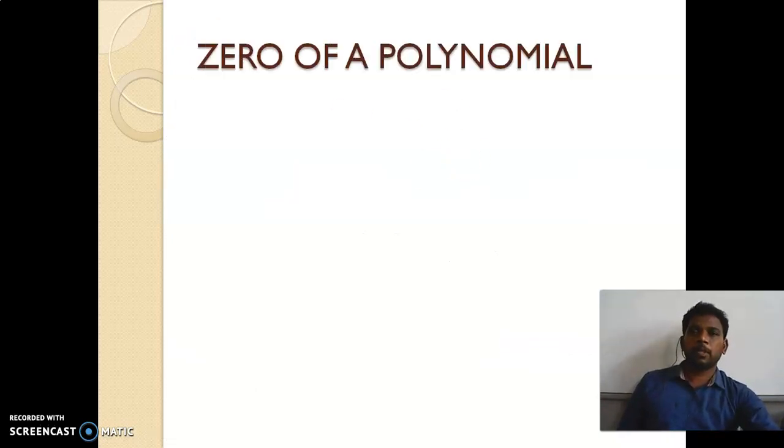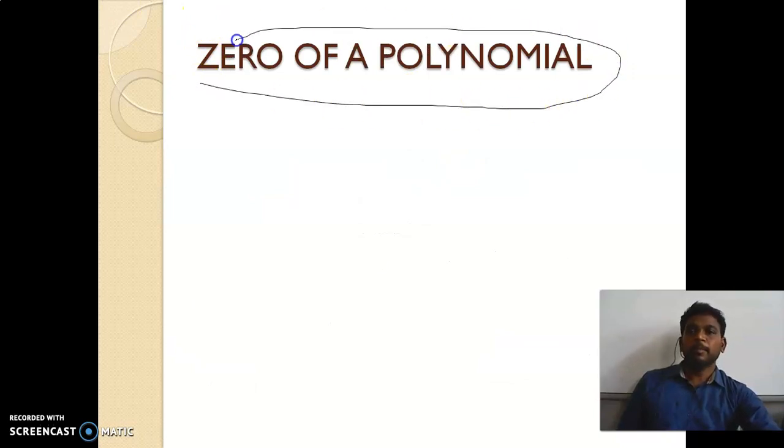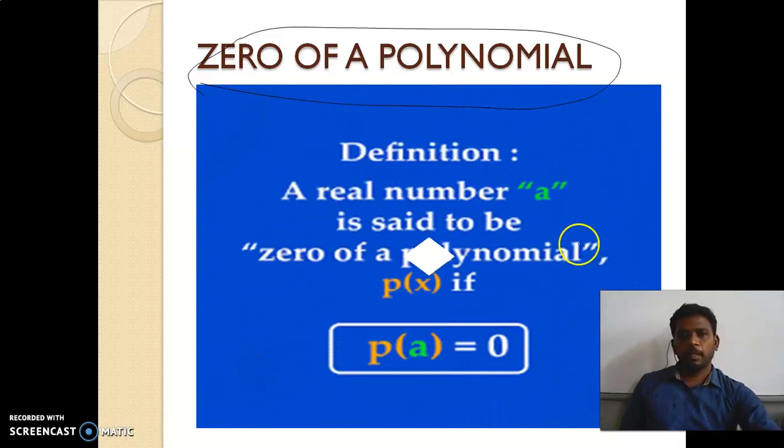The next definition is the zero of a polynomial. So what is the zero of a polynomial? Look at the definition here. A real number a is said to be a zero of a polynomial p of x if p of a equals 0. So what is a real number?